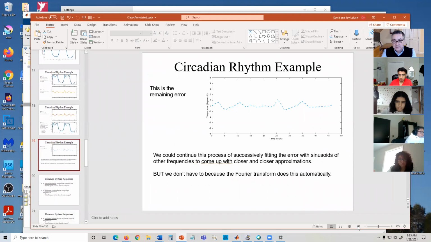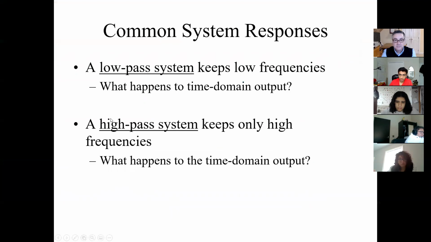Okay, just a couple of other little things to mention from linear systems, describing different types of system responses. A low pass system or low pass filter, basically, if I'm going to illustrate these, is one whose frequency response is going to look something like that.